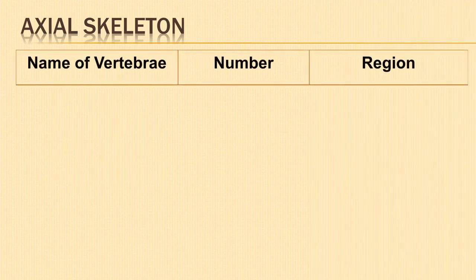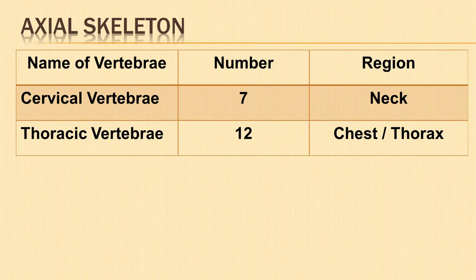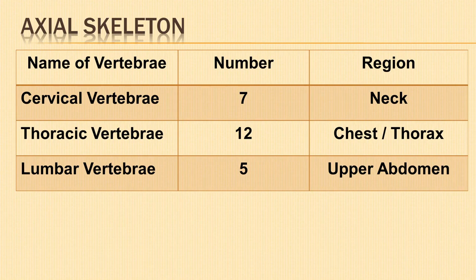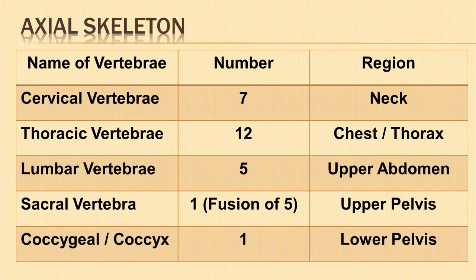According to position, the vertebral column consists of 7 cervical vertebrae in the neck region, 12 thoracic vertebrae in the chest or thoracic region, 5 lumbar vertebrae in the upper abdominal region, 1 sacral vertebra formed by the fusion of 5 sacral vertebrae in the upper pelvis region, and 1 coccygeal or coccyx or tailbone in the lower pelvis.